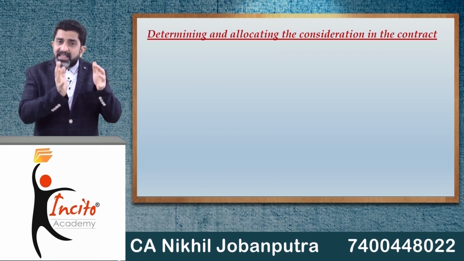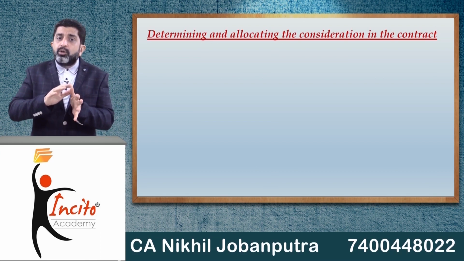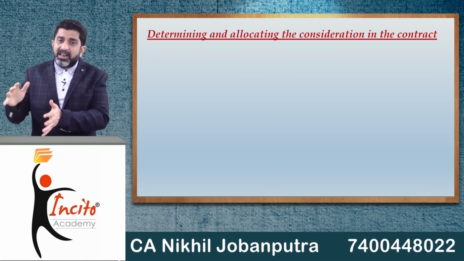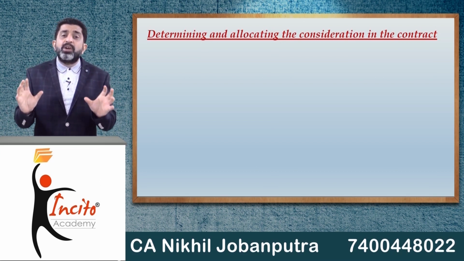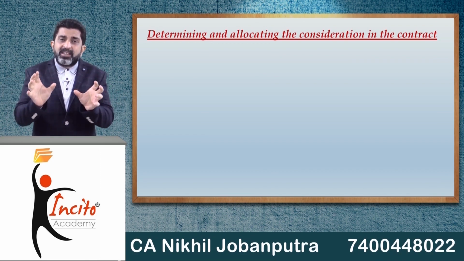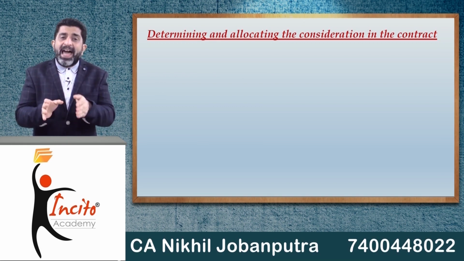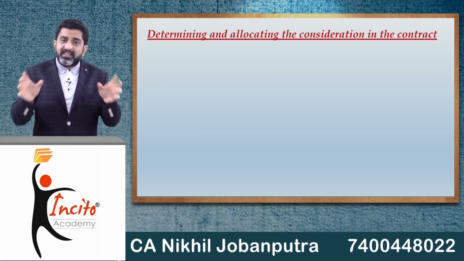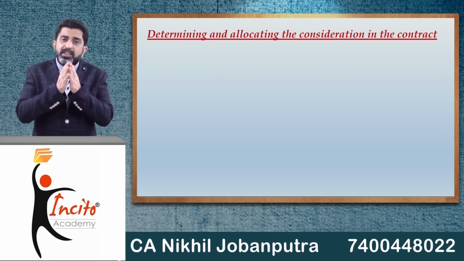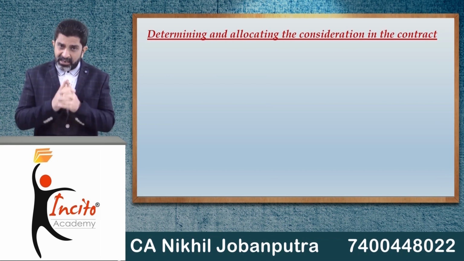If you had taken the lease component separately, or the non-lease component separately, how much you would have paid individually for each of these. That becomes the kind of fair value of these two components, which we will call the relative standalone prices of these two components. On the basis of those relative standalone prices, the allocation has to be made.